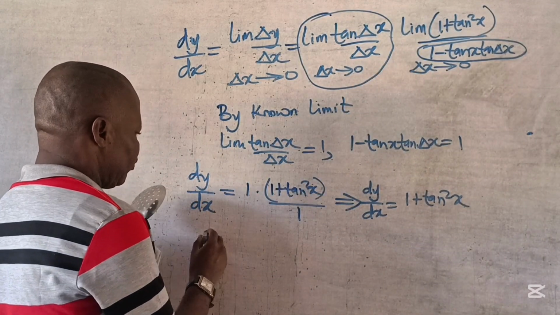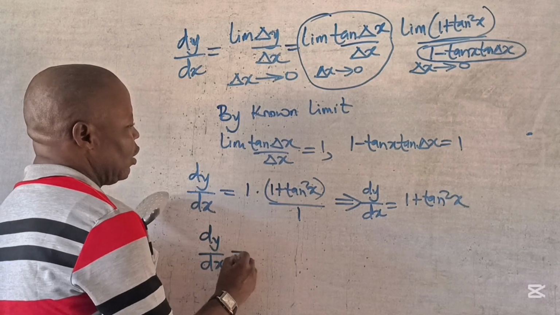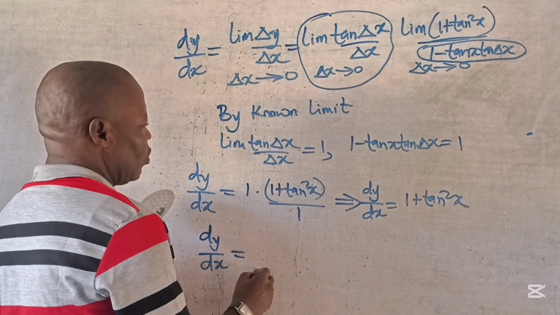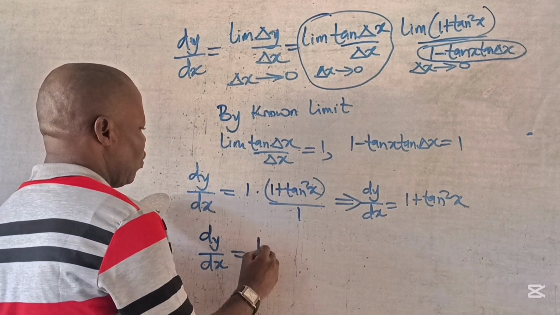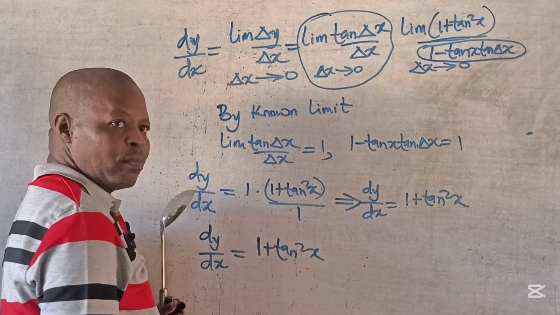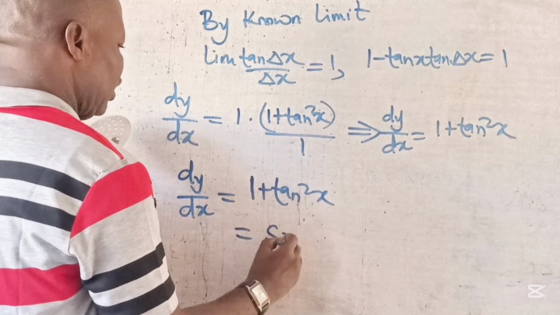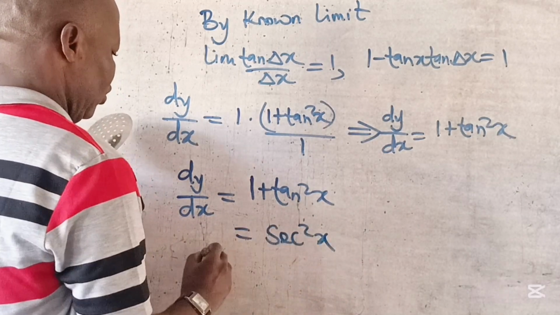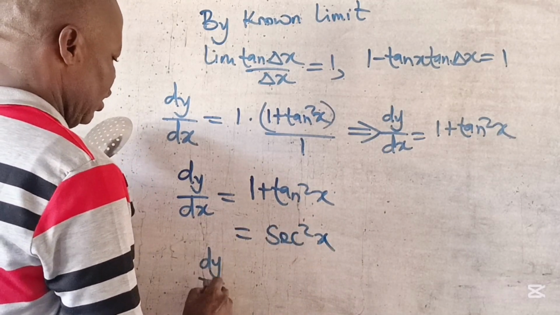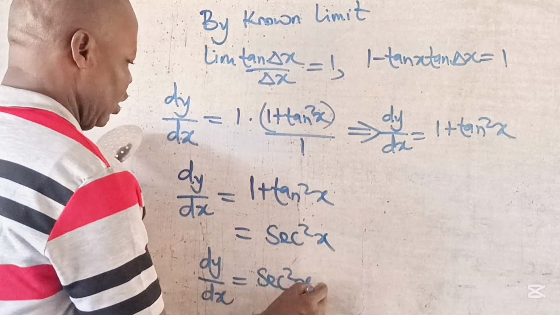So our dy dx is equals to 1 plus tan square x, which is equals to sec square x. So our dy dx is equals to sec square x.